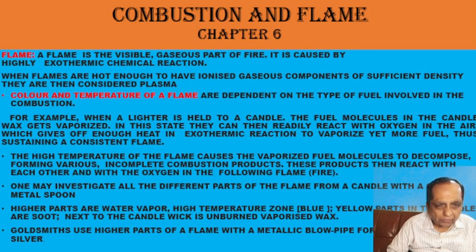Whenever a combustible substance has been ignited, it has reached a temperature to such an extent that we can see a flame on it. So we say flame means it is the visible gaseous part. This condition has come because of an exothermic chemical reaction between combustible substance and oxygen.